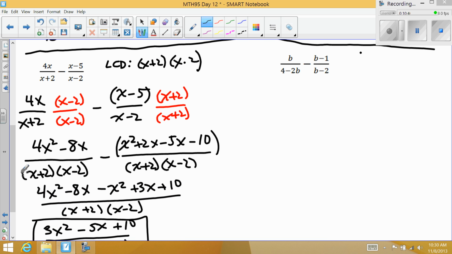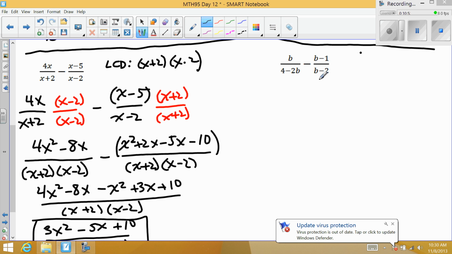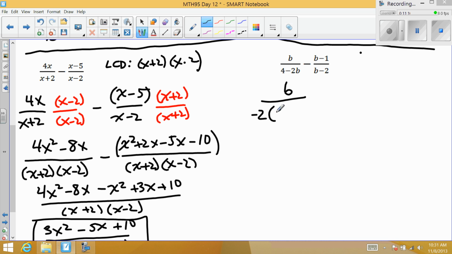Okay, so coming to this one here, I've got b over 4 subtract 2b, and a b subtract 2. So I'm thinking I'm going to want to factor a negative 2 out of here to see if I can get a b subtract 2 to match this second denominator. So let's see, if I factor a negative 2 out of here, that'll leave me with a negative 2 times negative 2 is a positive 4, and a plus b.